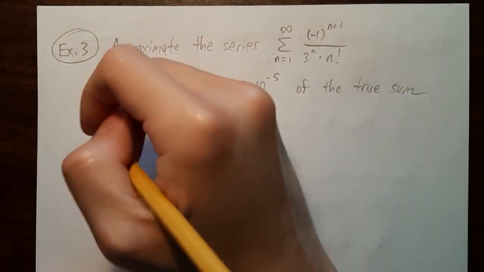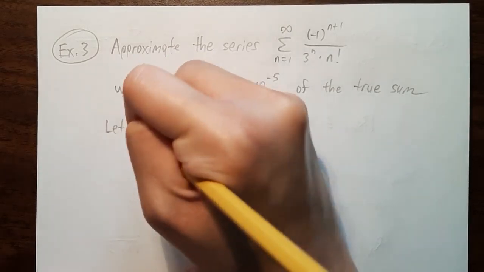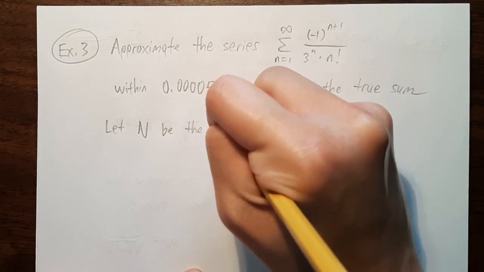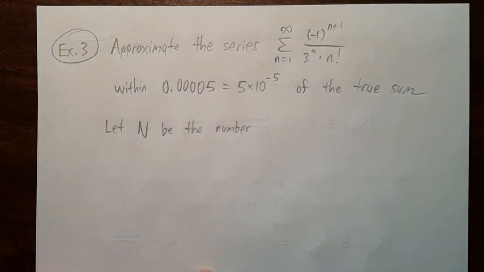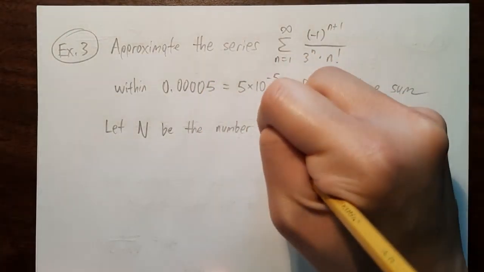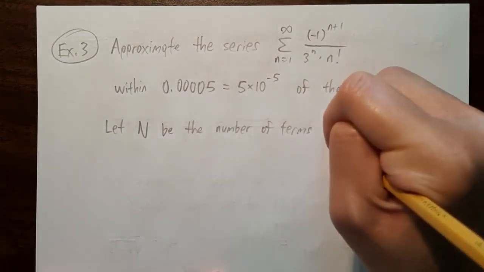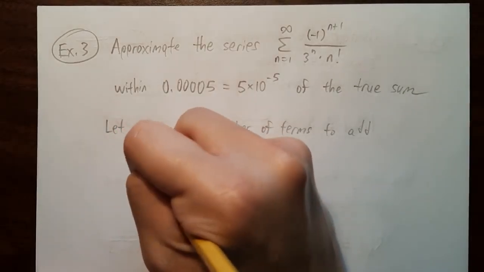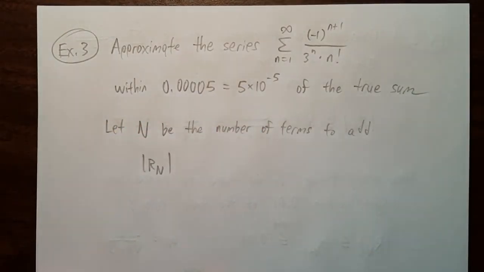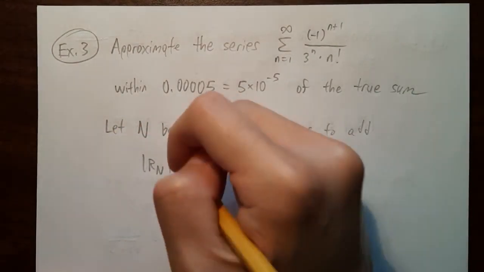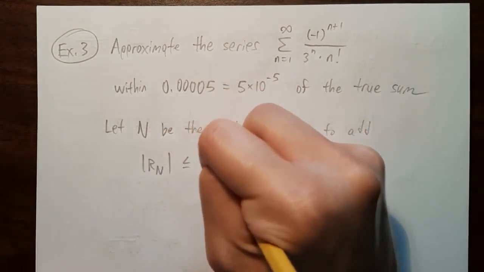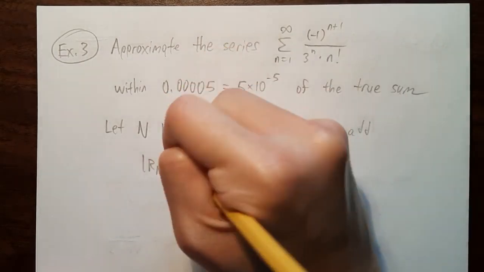All right, so like before, I am going to let n be the number of terms we add up, whatever it is. That's what we're trying to find out. What we want is to ensure that the remainder is less than or equal to the target, 5 times 10 to the minus 5.